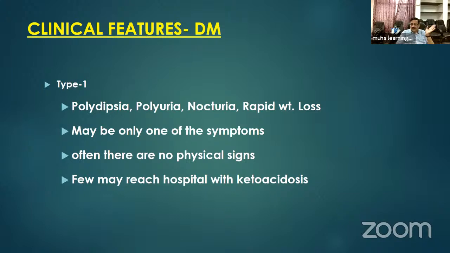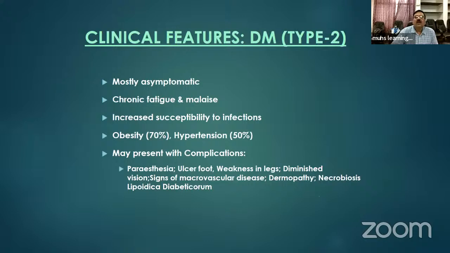So that is why we have to have flexibility. Particularly in type 1 diabetes, many of these children reach the hospital when they have got diabetic ketoacidosis, which is an acute complication of diabetes.